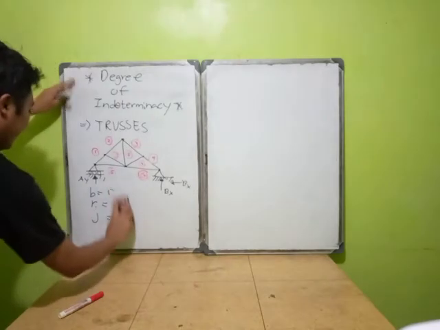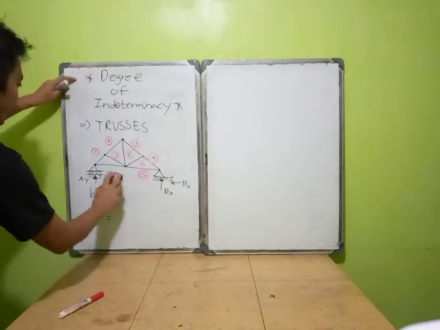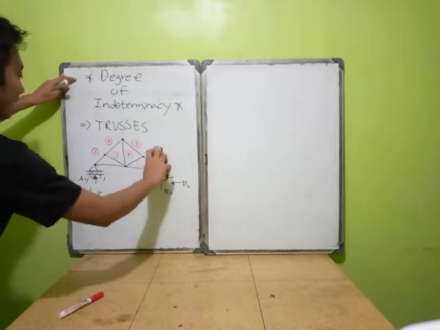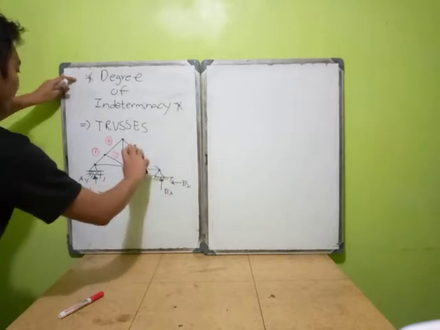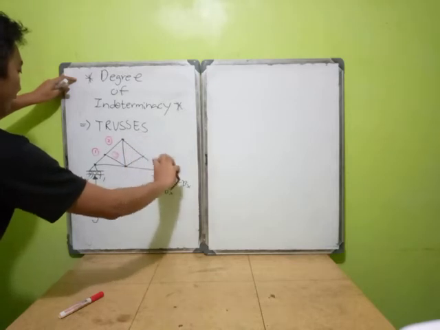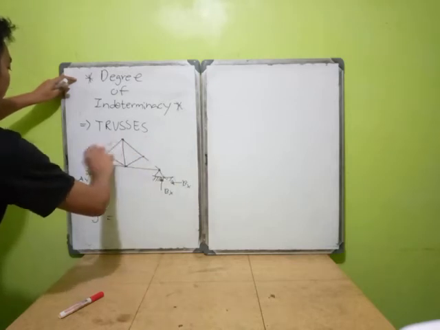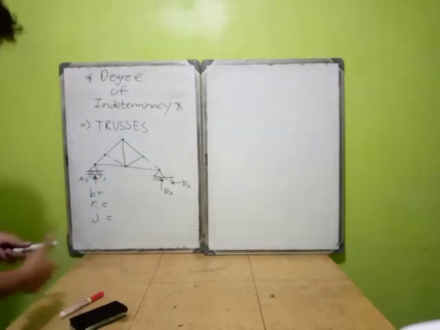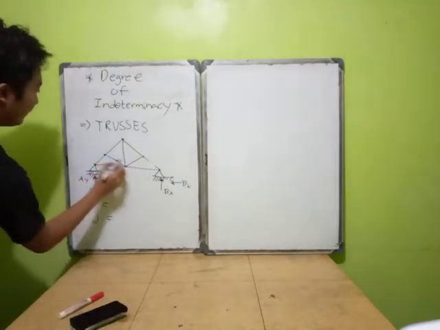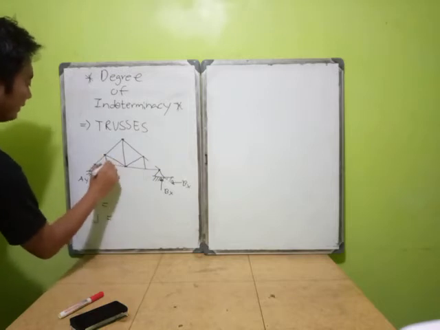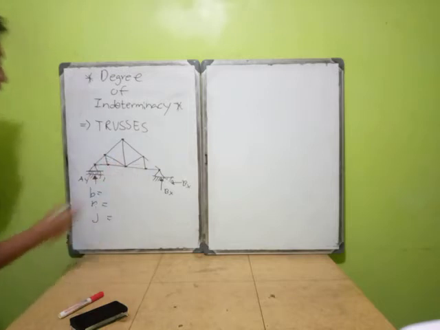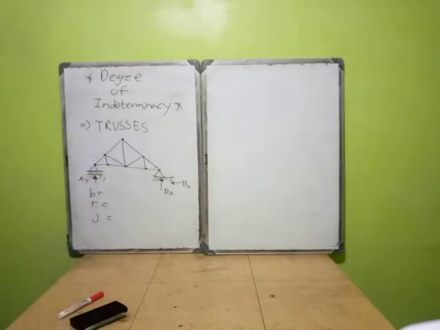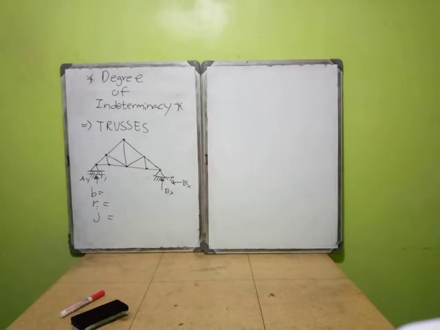And then, let us add more elements. So, what if lagyan ko ng dalawa pa dito, vertical elements? Ano kayang mangyayari? Iba na to, nilagyan ko ng dalawang vertical elements or vertical chords.